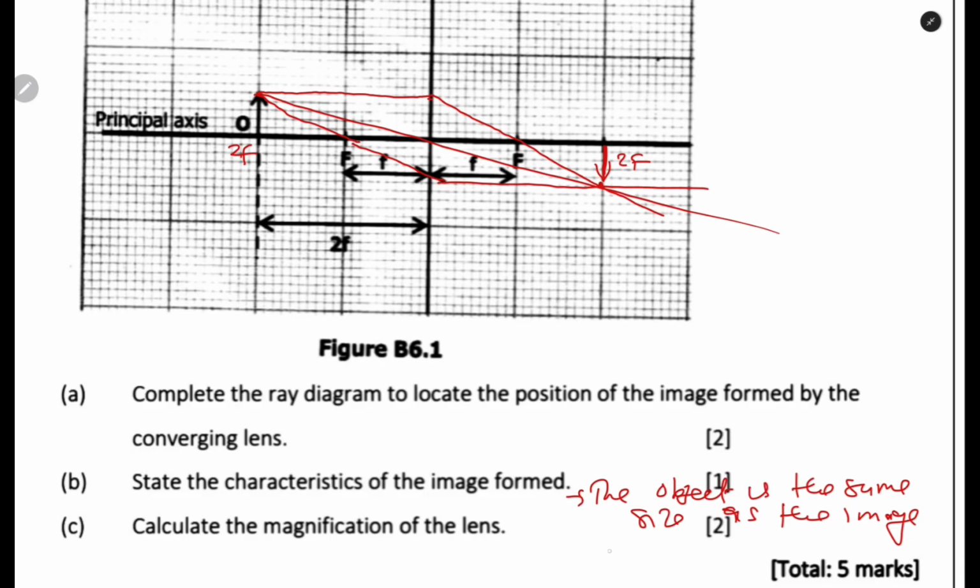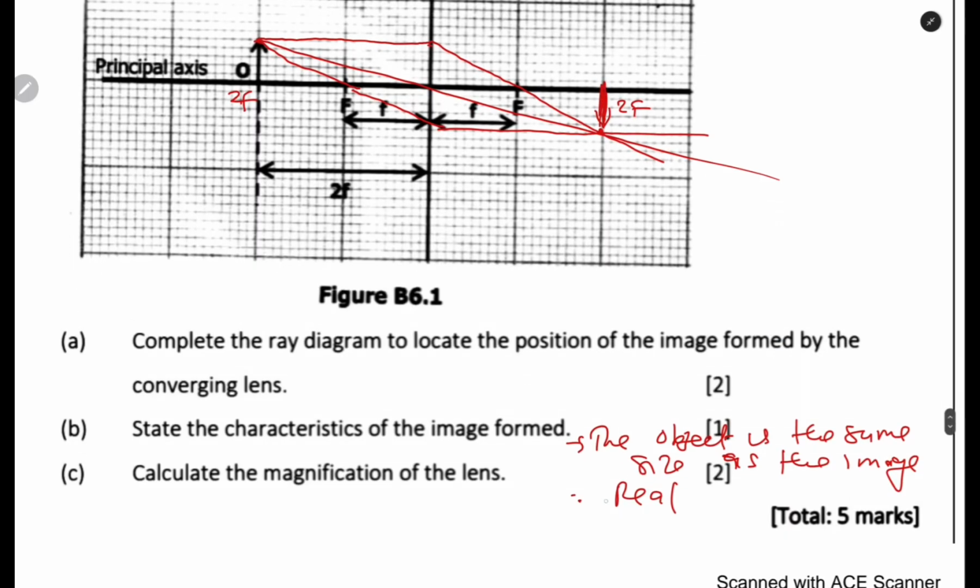The other one is that the image formed is real, so long as it is on the other side here, the image is real. Then it is upside down, or inverted.